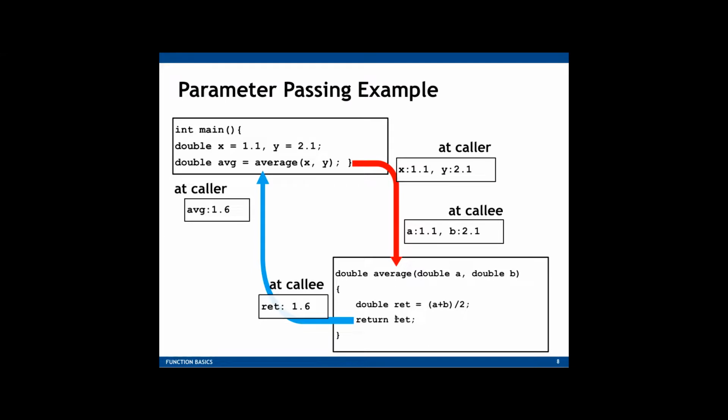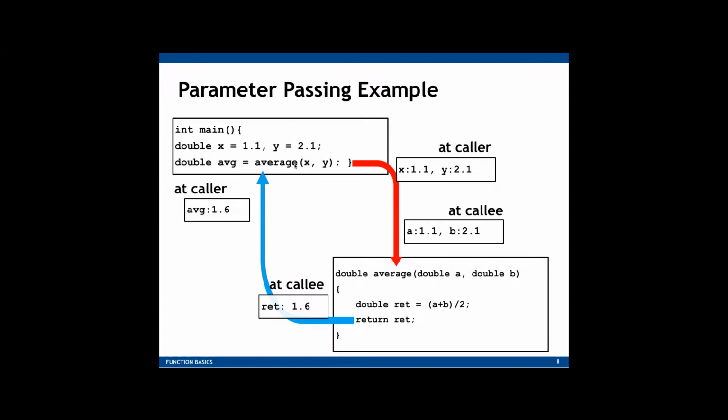As the name indicates, this function receives two double type values, calculates the average of them, and returns it. Here we call this average function by passing the x and y variables, which are double type and set to 1.1 and 2.1 respectively. As I said earlier, we call this a function call statement.